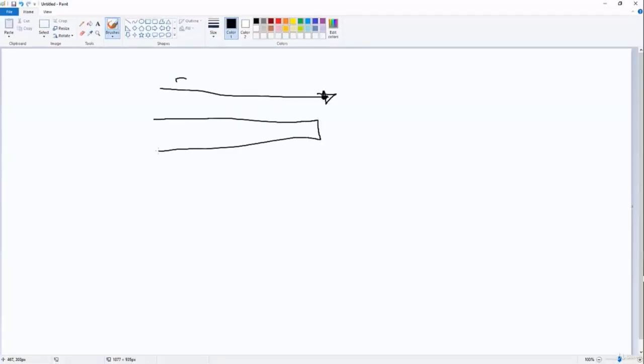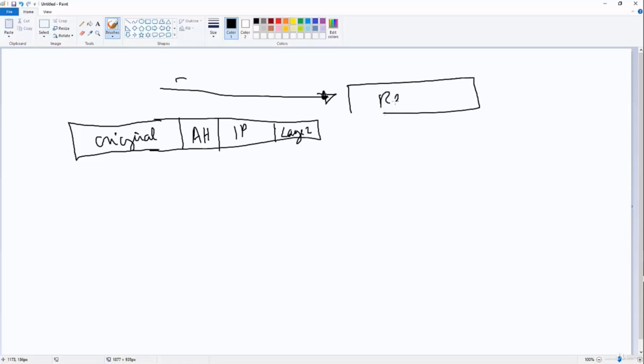So when a packet comes in, you have the layer 2, and then you have IP, and then AH, and then the original packet. It gets received by the other side, the receiver. Alright, so if we look here, first, the IP header is 20 bytes.